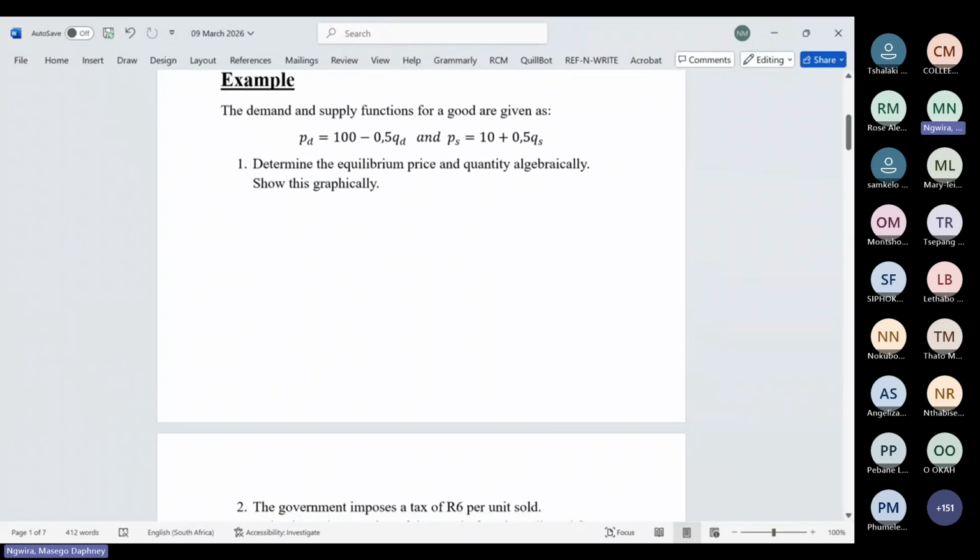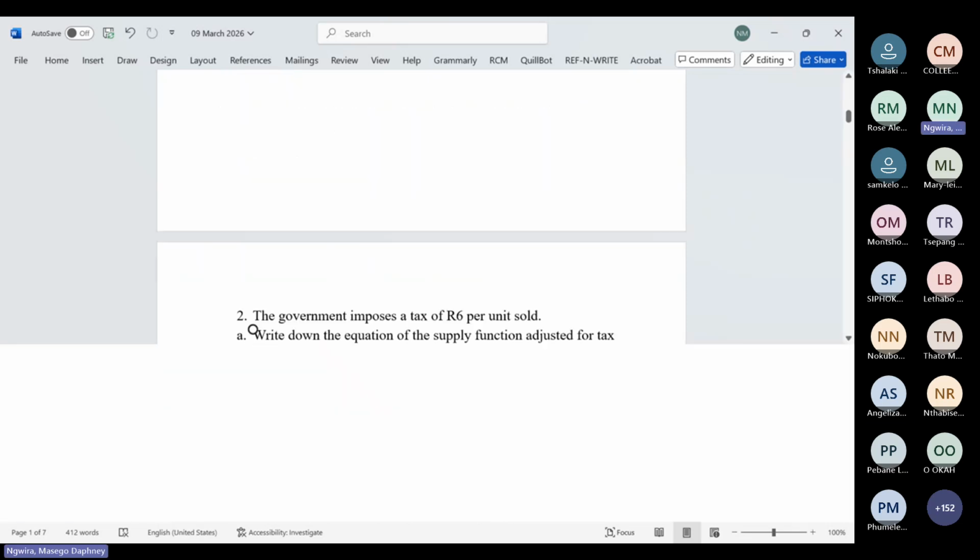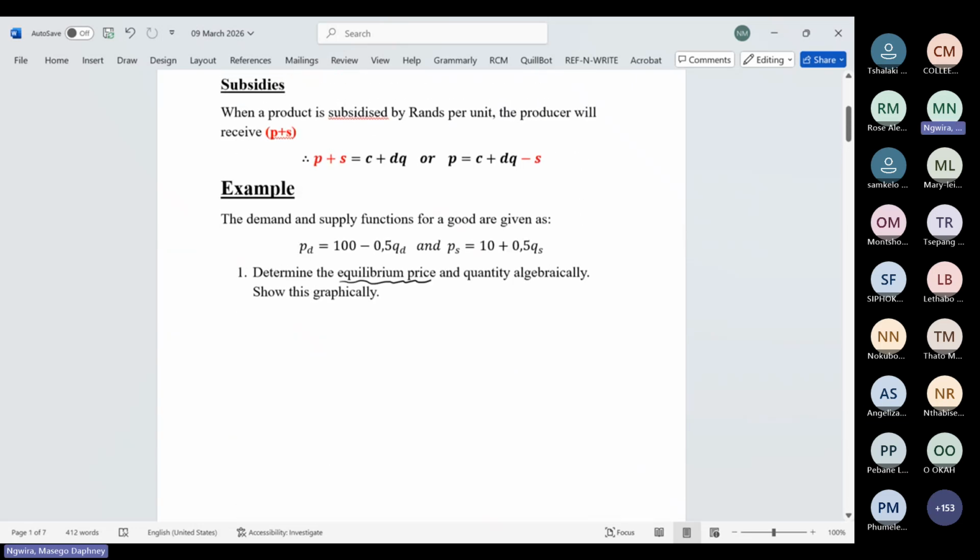Every time they mention the word equilibrium, we know that we have to equate the two functions. So we are going to have PD equals PS.